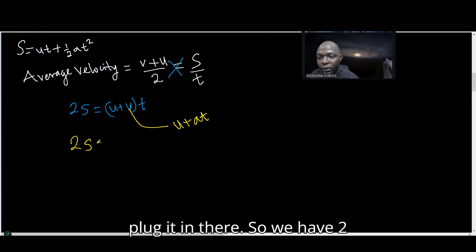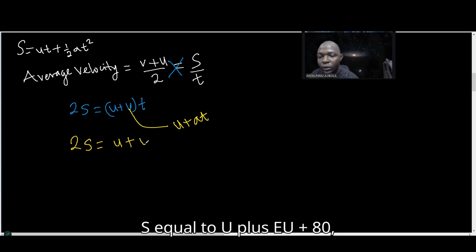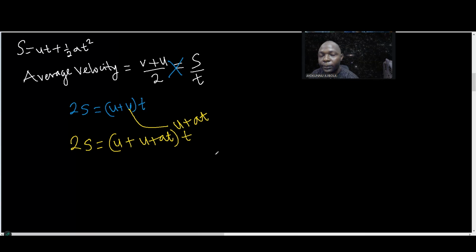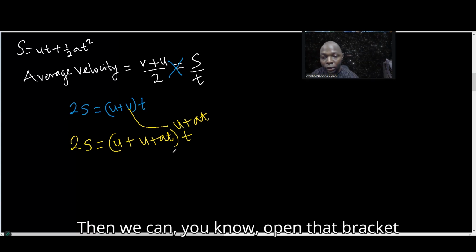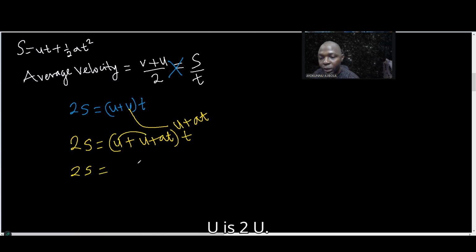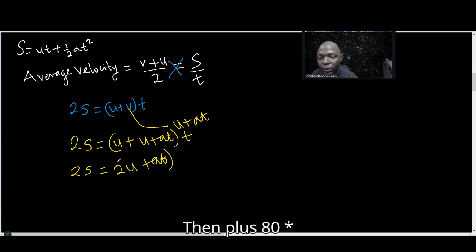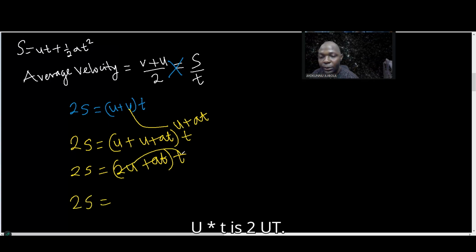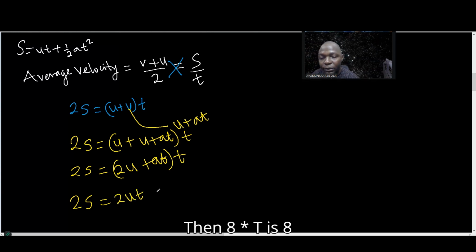So we have 2s equal to u plus the u plus at, then times the t that is outside. Then we open that bracket. So we have 2s equal to u plus u is 2u, then plus at times t. Then 2s equal to 2u times t is 2ut, then at times t is at squared.